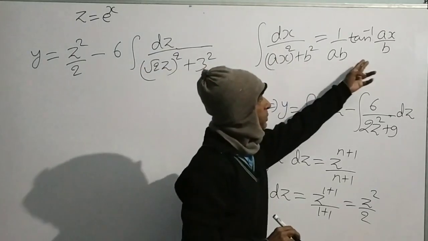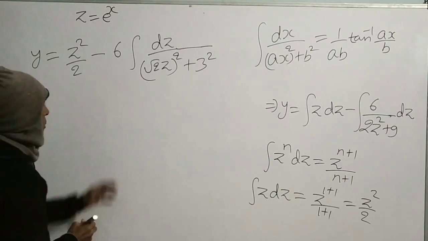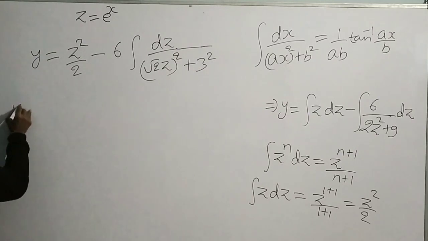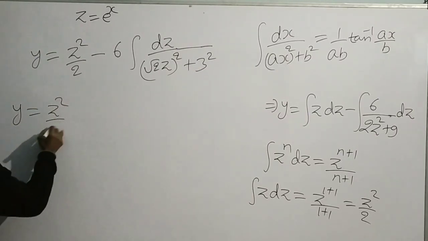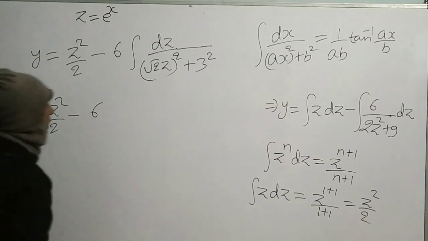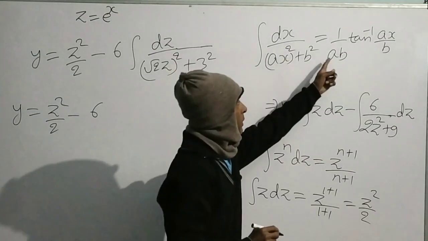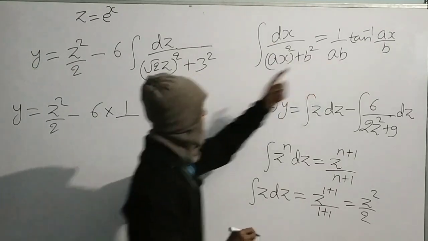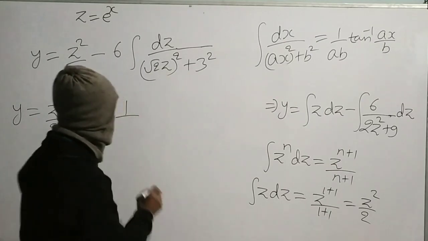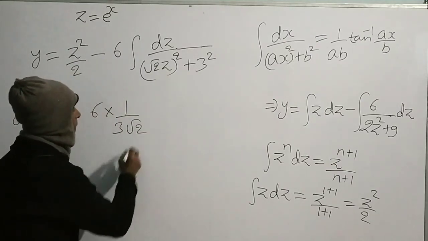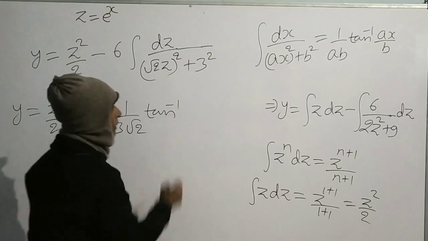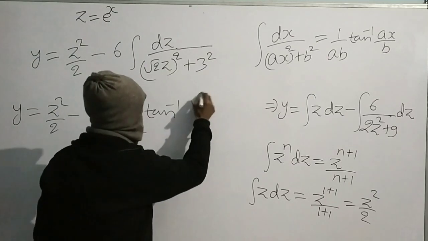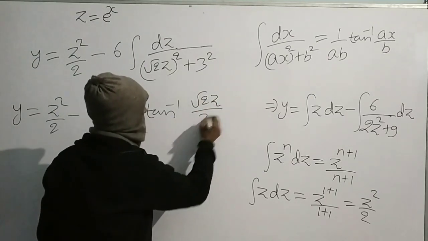By applying this formula, we can write the value of this integral as y is equal to z square by 2 minus 6 times 1 by ab, root 2 times 3, which means 3 root 2, tan inverse ax by b, that means root 2z by 3.